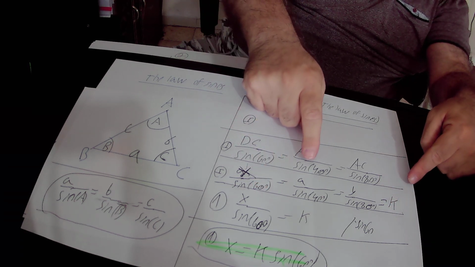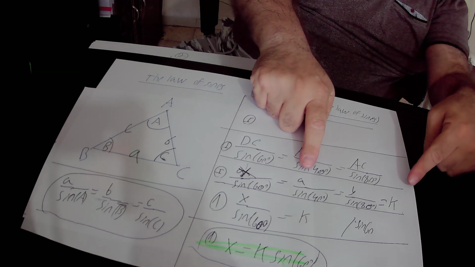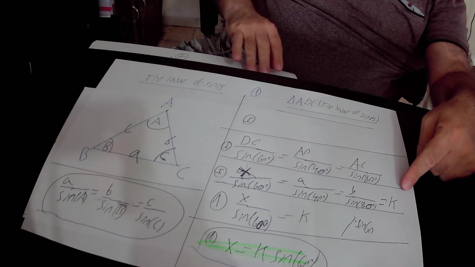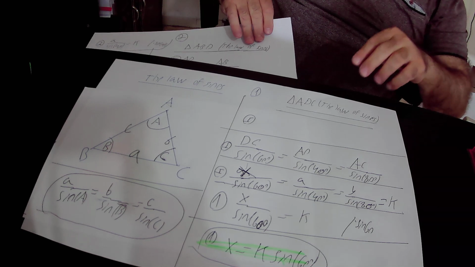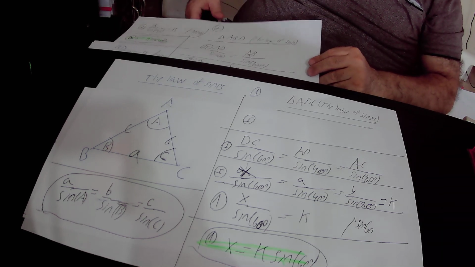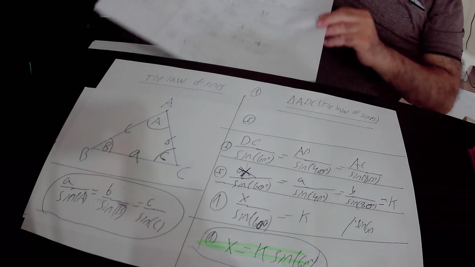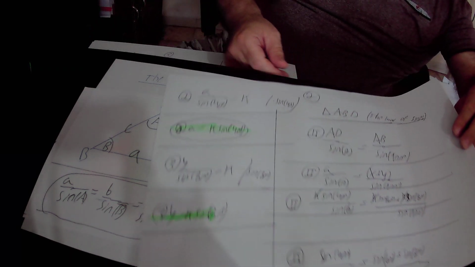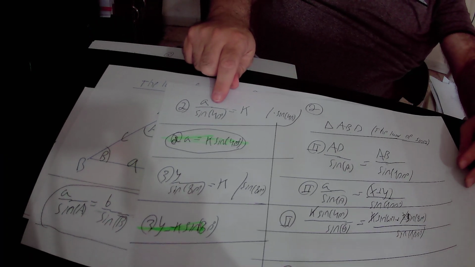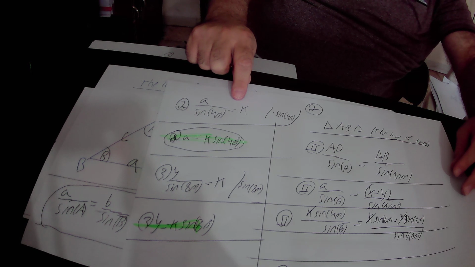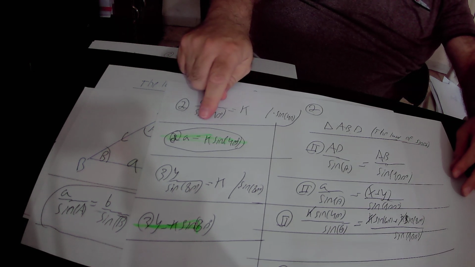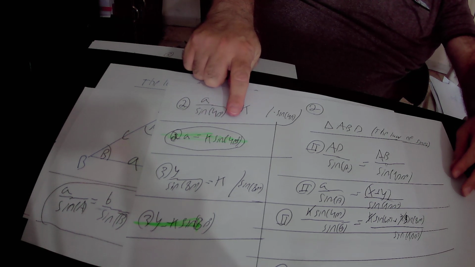Then we derived that A over sine 40 degrees equals K. We multiply this equation by sine 40 degrees and found out that A equals K times sine 40 degrees.